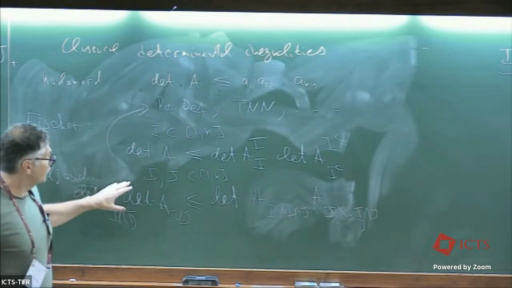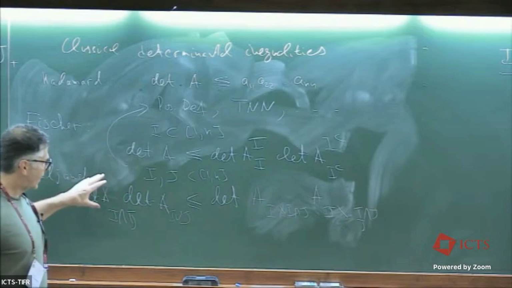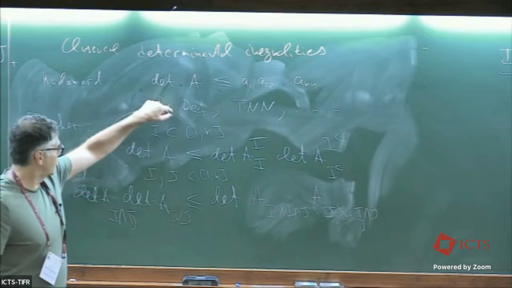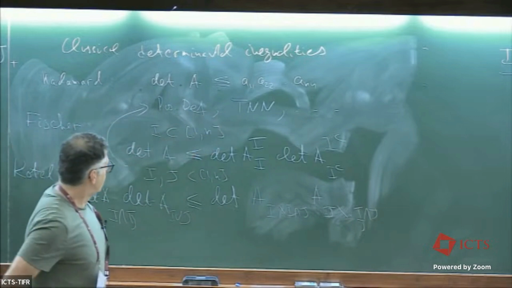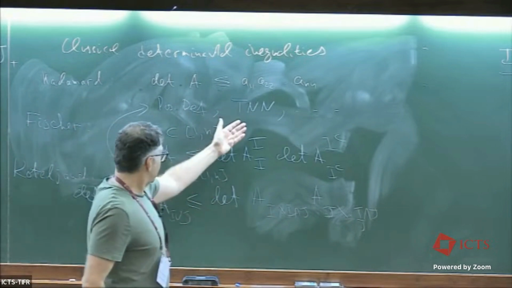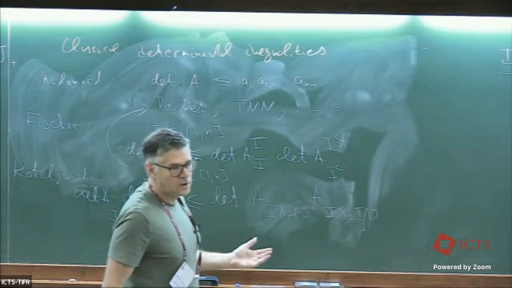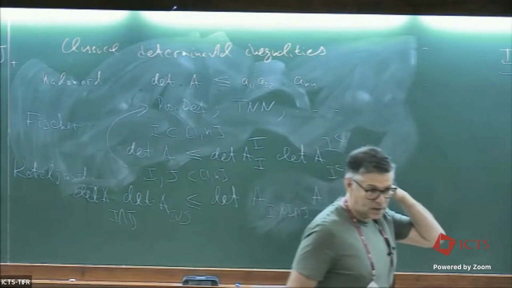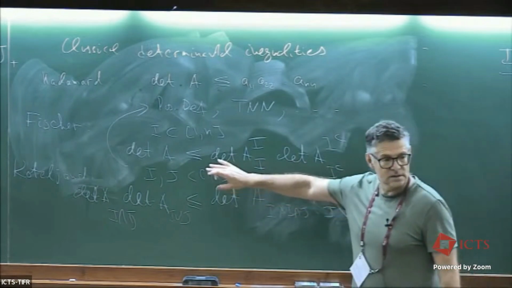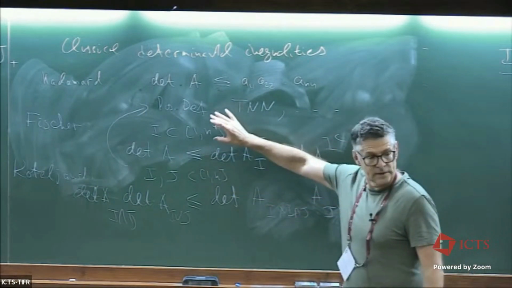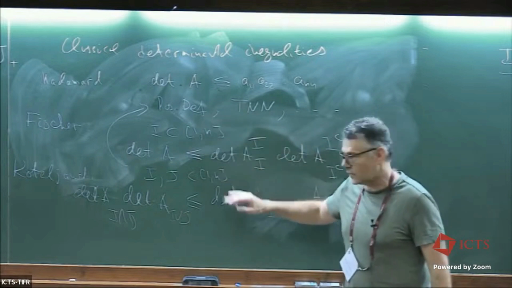So there are these inequalities, and again, it's valid for positive definite and totally non-negative matrices. But for totally non-negative, you can do this for non-principal minors as well. And so there are inequalities connecting non-principal minors necessarily of totally non-negative matrices, these multiplicative inequalities.